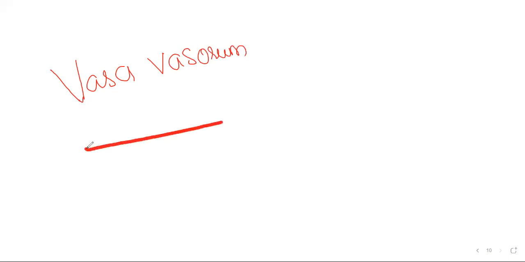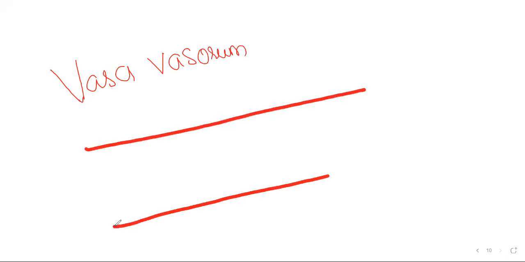Then let me tell you a little interesting item, not there in NCERT. Vasa vasorum. We spoke about the bigger blood vessels, arteriole, artery, left systemic aorta, dorsal aorta. The bigger vessels are present, isn't it?